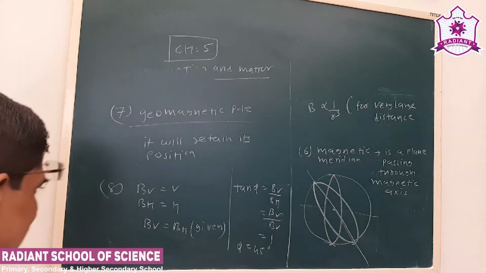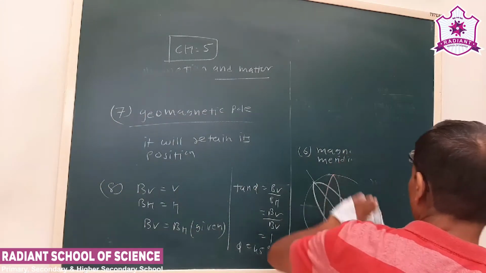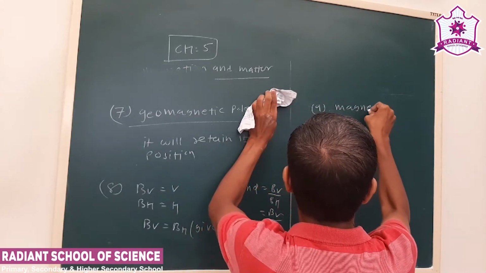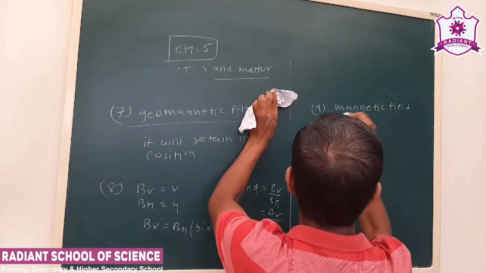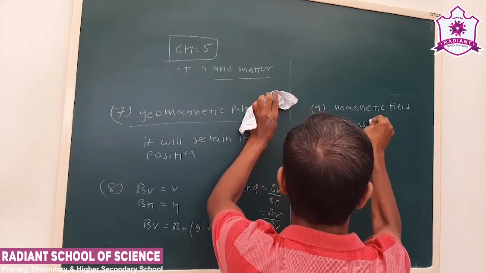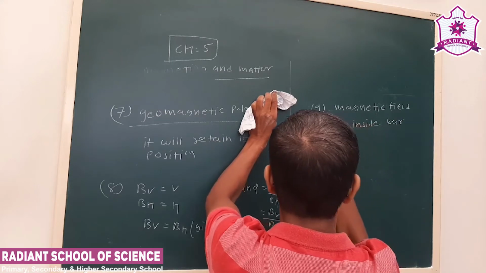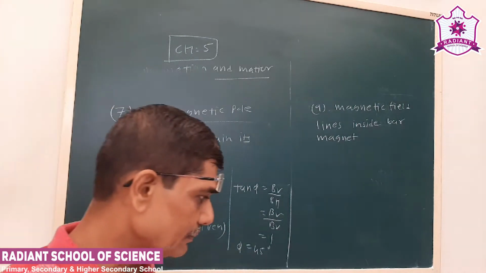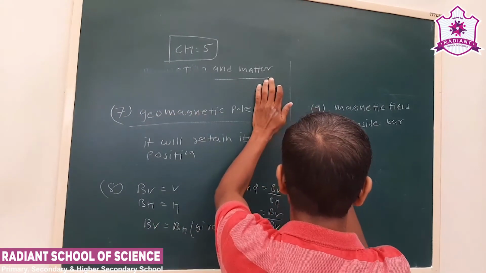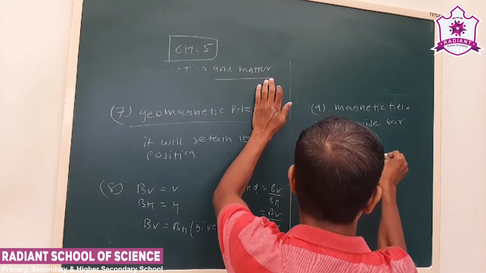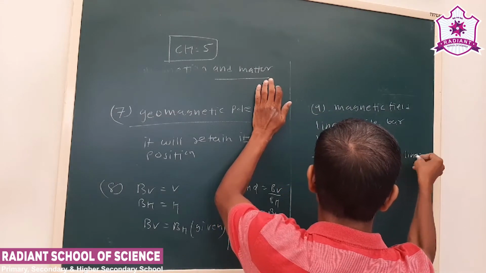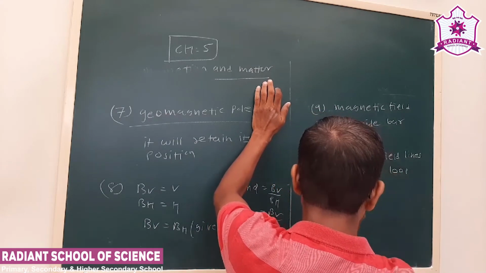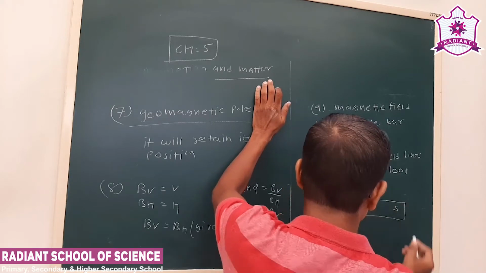Now see our next MCQ. See the direction of magnetic field lines inside a bar magnet. Now in the theory part we have discussed that magnetic field lines form closed loops.